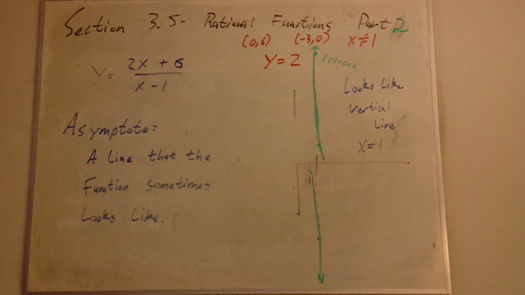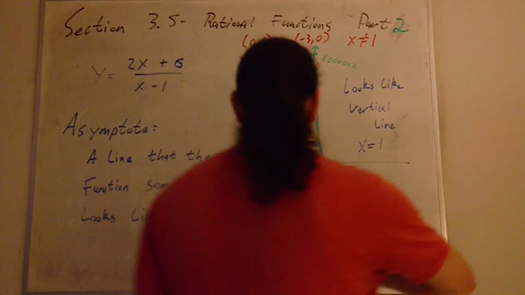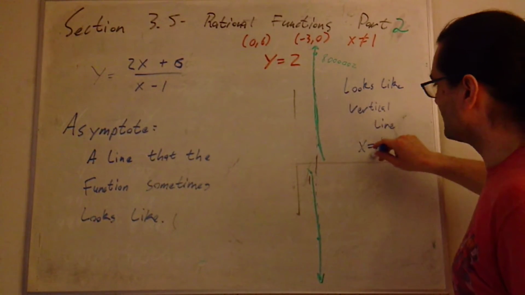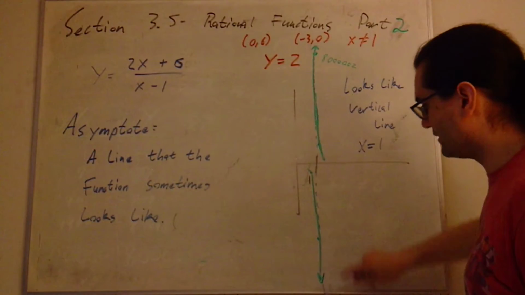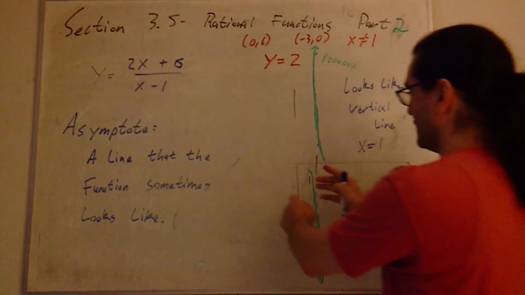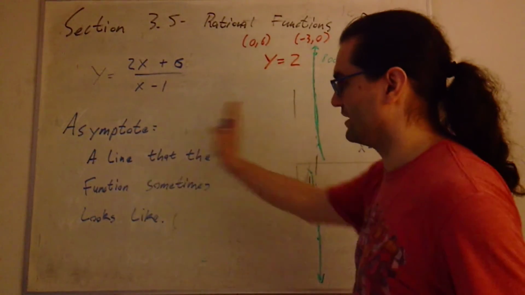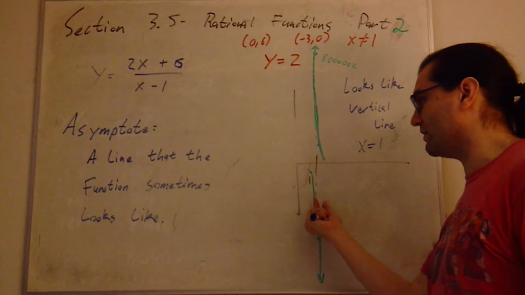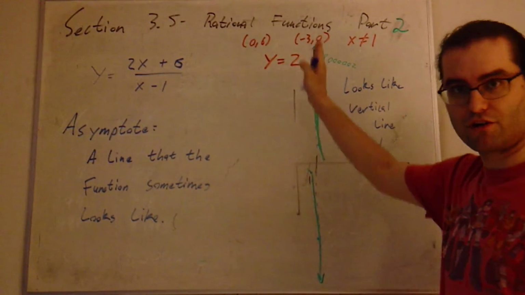It's just a line that this function sometimes looks like. And you can see that here. When x equals 1, this is a vertical line that the function sometimes looks like. I mean, it doesn't look like this when x is other things, like when x is -4 or whatever, it doesn't look like this line. But when x is close to 1, the function looks like a vertical line.